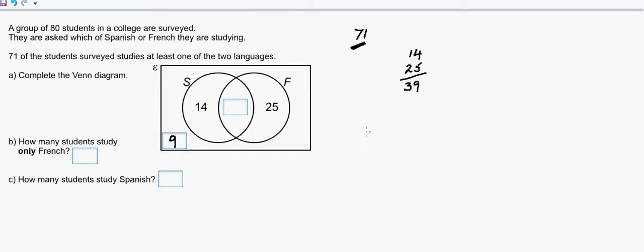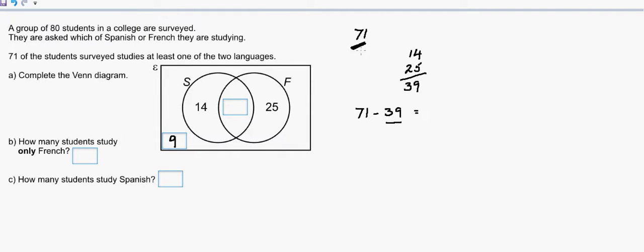So what we can do is find out how many are studying Spanish and French, this intersection, by taking away the 39 from the 71. Because these 39, we know, are only studying one language.